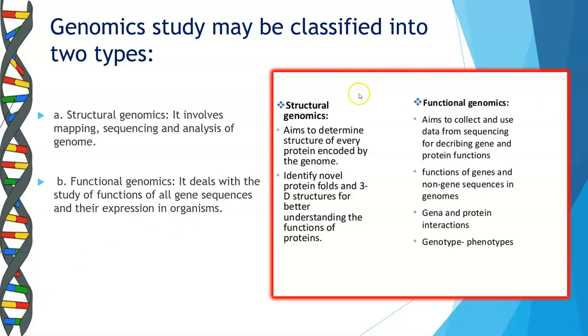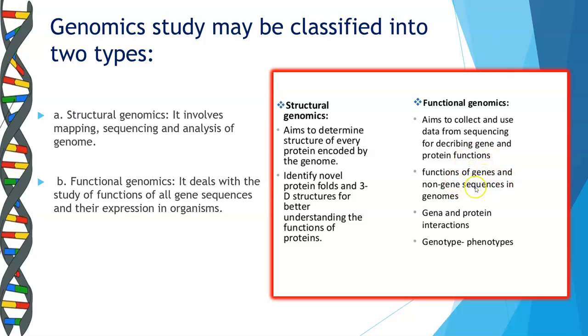Here you can have the difference between the structural genomics and functional genomics at a glance. Structural genomics aims to determine the structure of every protein encoded by the genome, identifies novel protein folds and 3D structures for better understanding of the functions of these proteins. Whereas functional genomics aims to collect and use the data from sequencing for describing the genes and the protein functions.